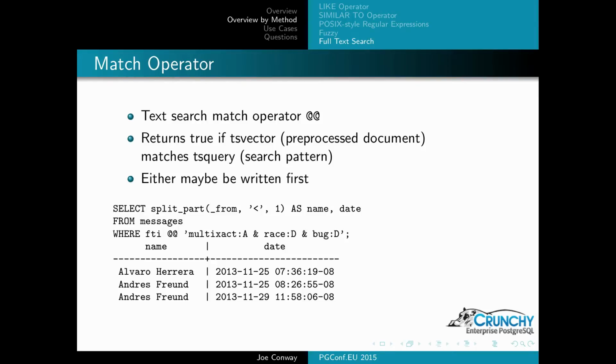So the way you do matching with text search is this double at operator. It returns true if the tsvector, which is your preprocessed document, matches your tsquery, which is your preprocessed search pattern. And it doesn't matter which one you put on which side.